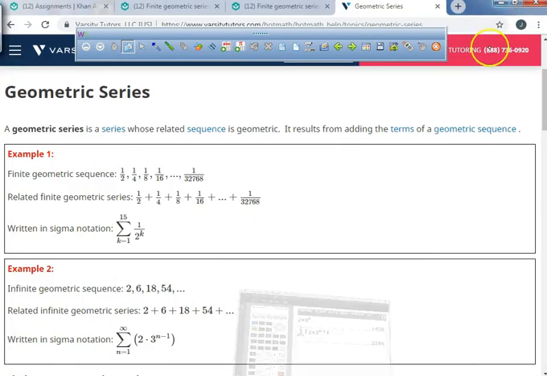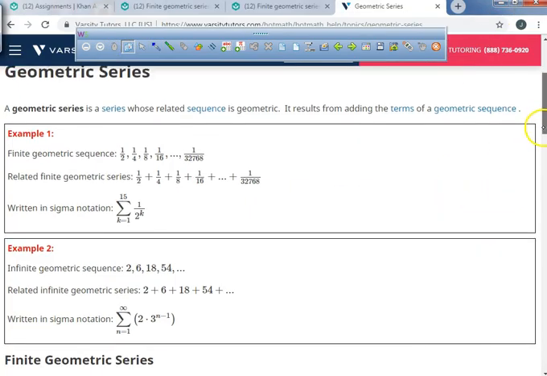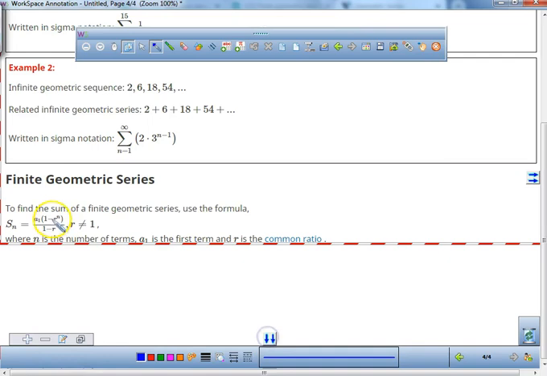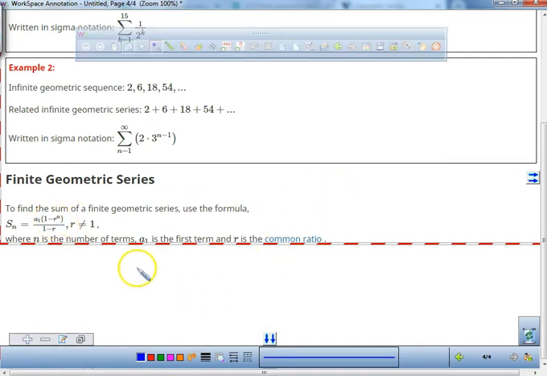I'm going to go right down a little bit further to this formula right here. I want you guys to write Sn equals a1 times parentheses 1 minus r to the n, close parentheses, over 1 minus r.